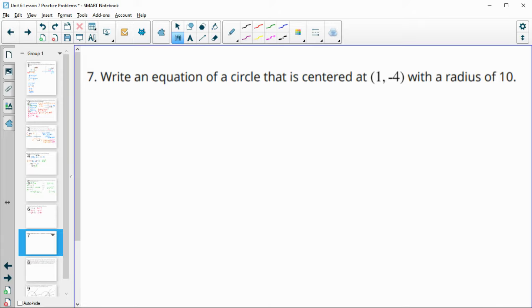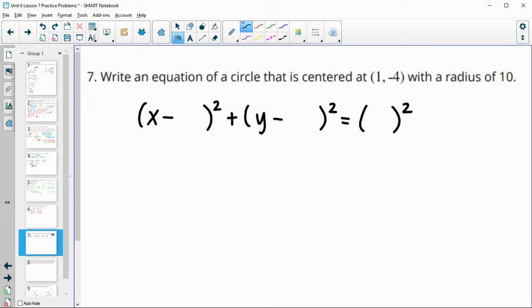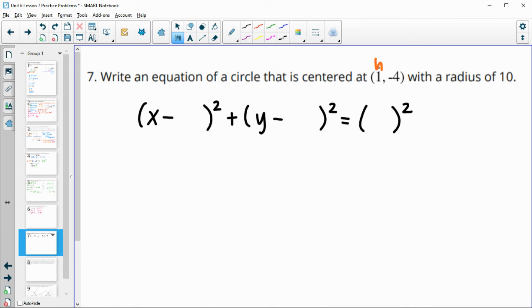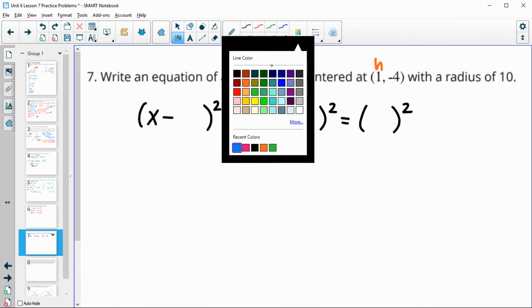Number 7, write an equation of a circle that's centered at (-1, 4) with a radius of 10. So remember the circle equation is (x - h) squared plus (y - k) squared equals our radius squared. h and k are the x and y coordinates of the center.